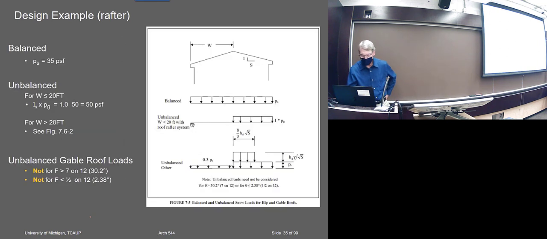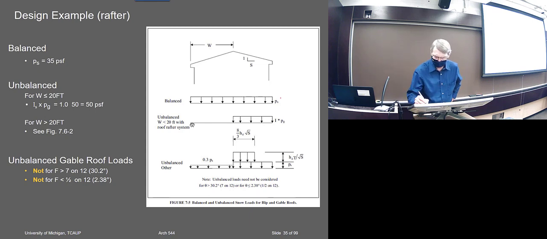So if we've got 35, this would be, what did we say? This was 1 times 50 was the ground snow. Okay, so for the balanced case, the full load across would only be 35, but if I'm dealing with rafters, I've got to design it for the load that would just be on half the roof, right?